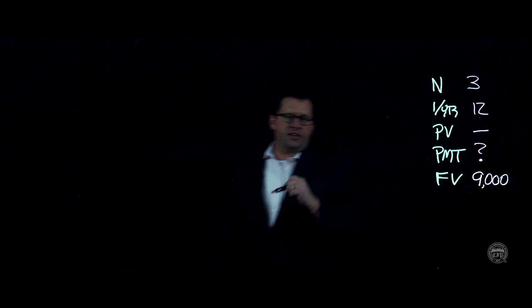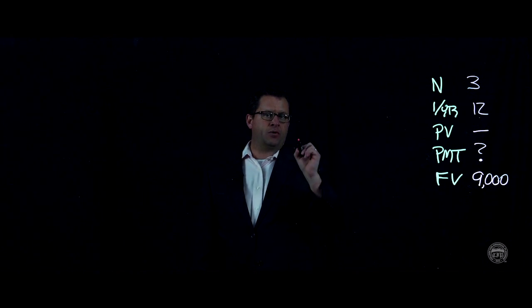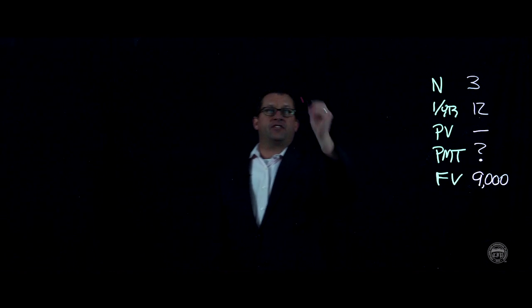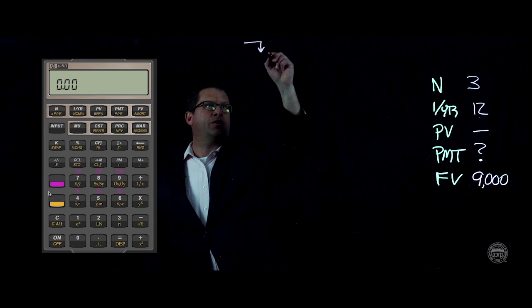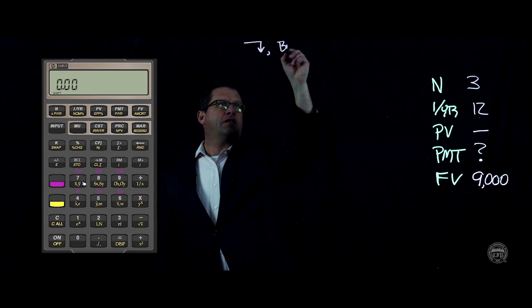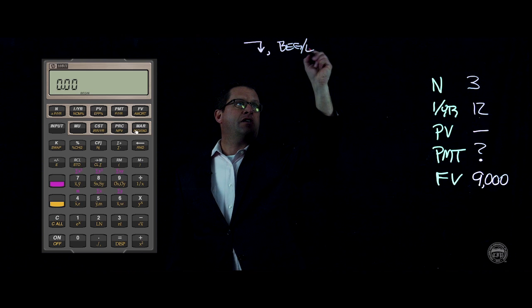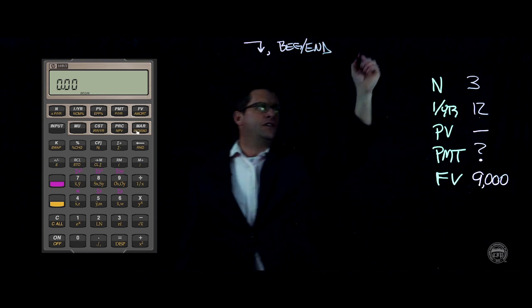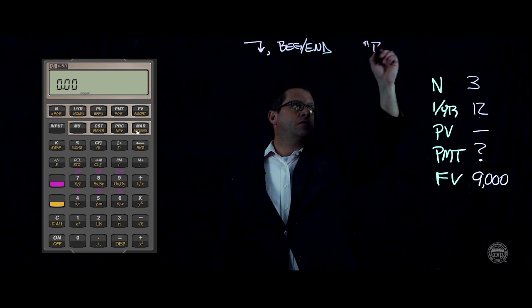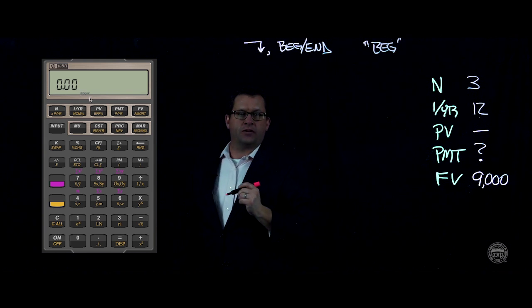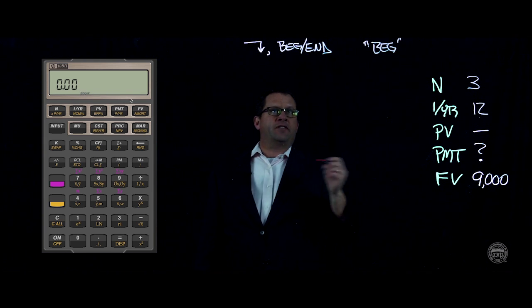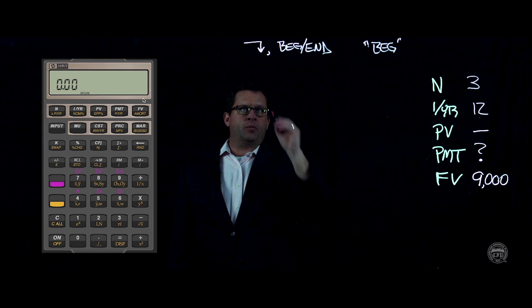So going back to the beginning of the problem, in the fact set, we had two important pieces of information. The first is we need to set our calculator to begin mode. So we'll hit the downshift and then the BEG/end key. And you should see now the letters BEG on your display, or begin, depending on which model you have. The next thing we have to do is set it to monthly compounding.